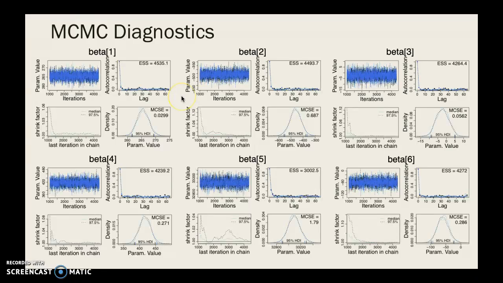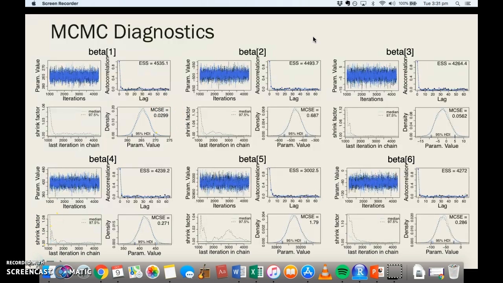So beta 1 has an MCSE of well below 1, so that looks good. And it's the same with all of the other betas except for beta 5 here, which is the only one that's got an MCSE above 1.